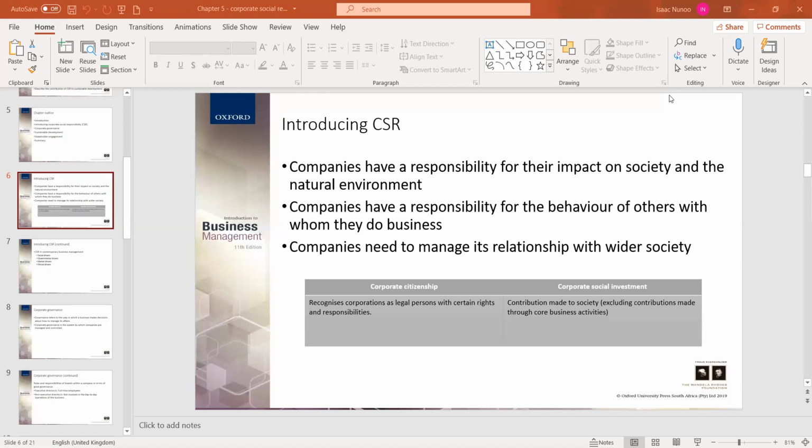And every right also has a limit. So the company has a citizenship right, which is what we call the juristic rights, and it also has responsibility. That responsibility nature is what we call corporate social responsibility. And under corporate social responsibility, one aspect of it is the contribution made to society, which is called corporate social investment.